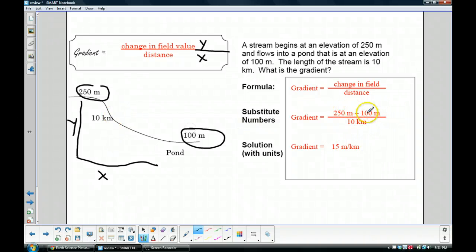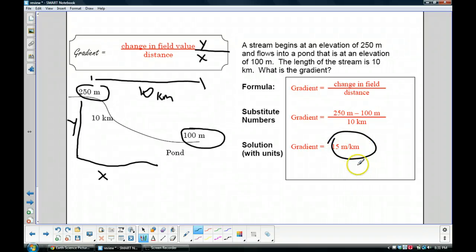250 minus 100 is 150. And then the distance from here to here is 10 kilometers. So you take 150 divided by 10, which gives you 15 meters per kilometer. Make sure you keep your meters and your kilometers.